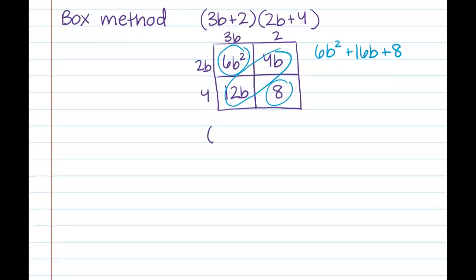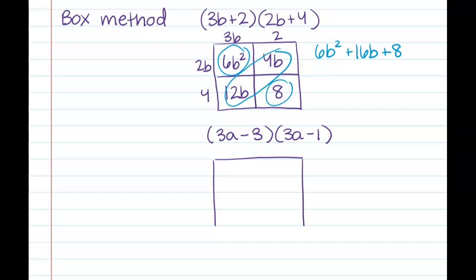For our next one, let's do 3a minus 3 times 3a minus 1. Please pause the video and try this. Okay, hopefully you tried it, and now you can check your answer. So make a 2 by 2 box again.